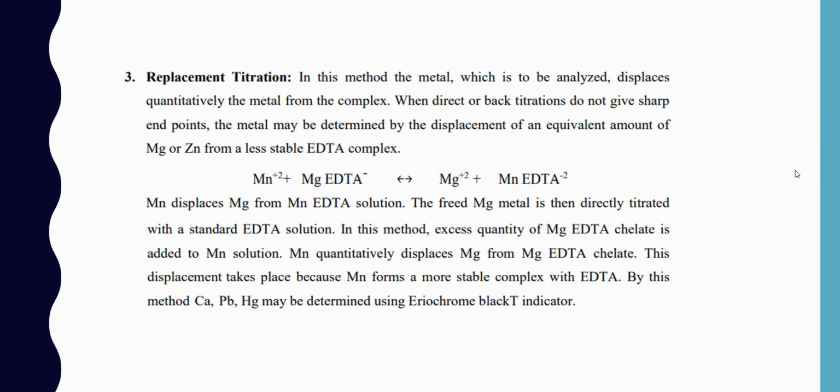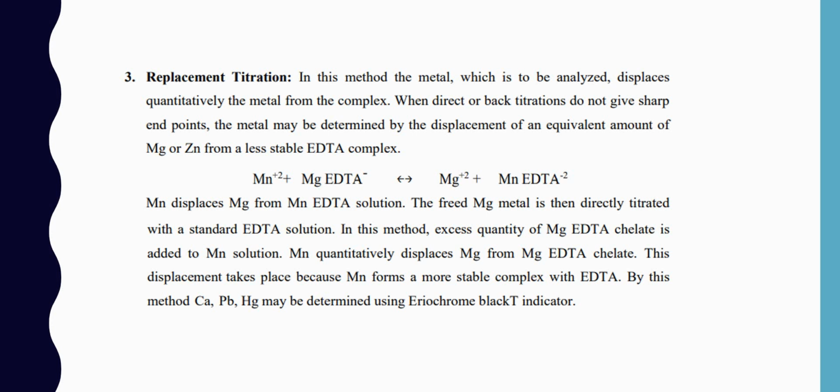The next is replacement titration. In this method, the metal which is to be analyzed displaces quantitatively the metal from the complex. When direct or back titration do not give a sharp endpoint, the metal can be determined by the displacement of an equivalent amount of magnesium or zinc from a less stable EDTA complex. So we have a manganese and magnesium EDTA complex, and we have done just a replacement reaction here.